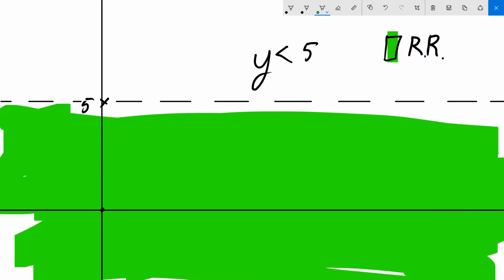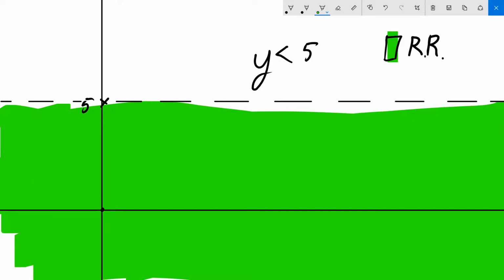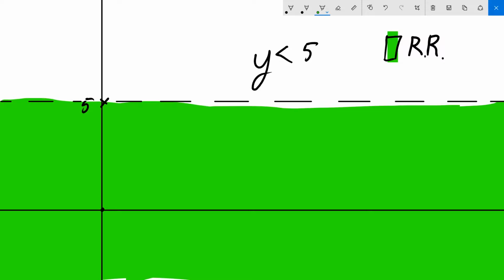And it's the same thing. Everything that's less than 5 on the y-axis is here in this green area. And that's how you solve for this inequality.